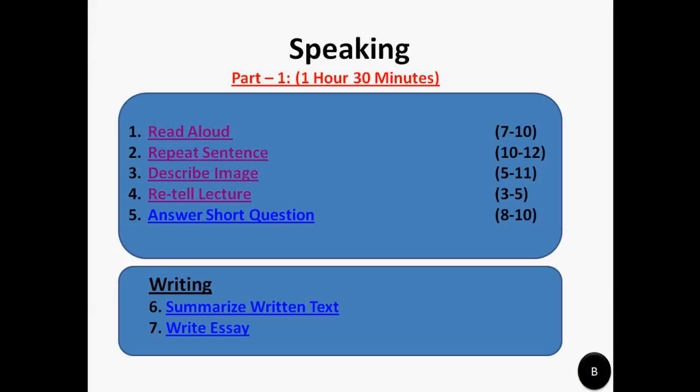There are some repeated questions which come up in answer short questions, which I'll share with you. I have a collection of database, so I can share that with you, and you can expect similar sorts of questions in the test. It's not that difficult. Many people tend to miss out because they don't understand what the speaker is talking about.